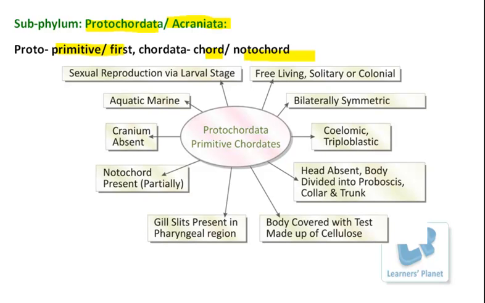Now, in these organisms, there are some important features, right? As we have studied the different invertebrate organisms, now I'm going to explain these important features here. So, protochordates are free living organisms. Now, you know very well what free living means. Free living means which can move from one place to another. They are motile, right?